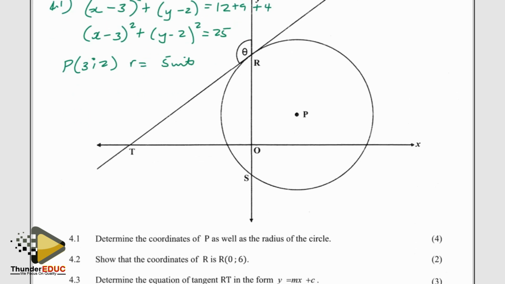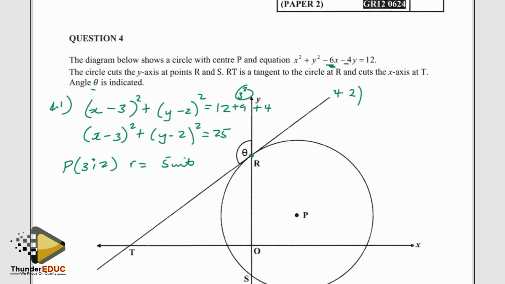Then 4.2, can we show that R is (0, 6)? So we know that R is the y-intercept, so I can just use this equation. Where there is x, I replace it with 0. So I'm only going to be left with y squared minus 4y is equal to 12.